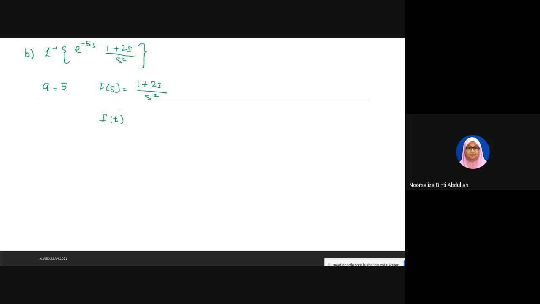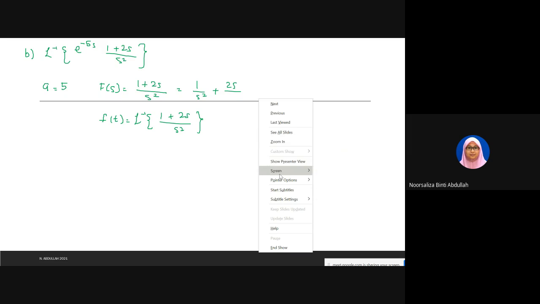Okay, so maksudnya Ft equals to inverse 1 plus 2s over s square. Okay, this one kita boleh pecah dua. 1 plus 2s over s square equals to 1 over s square plus 2s over s square.